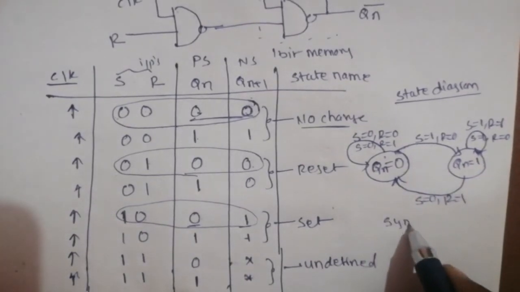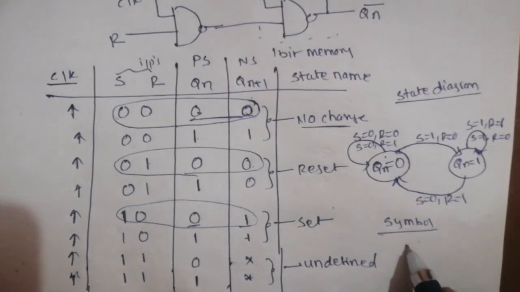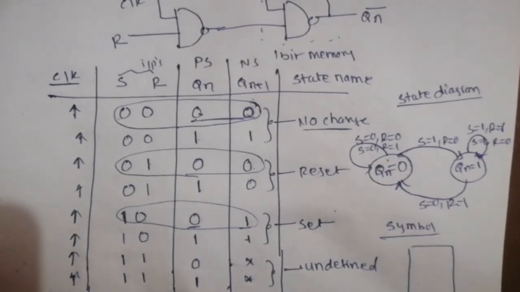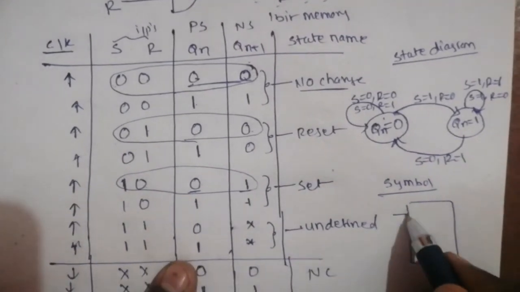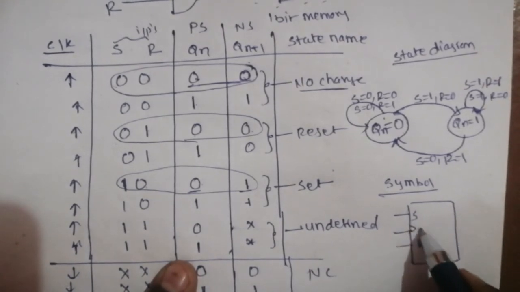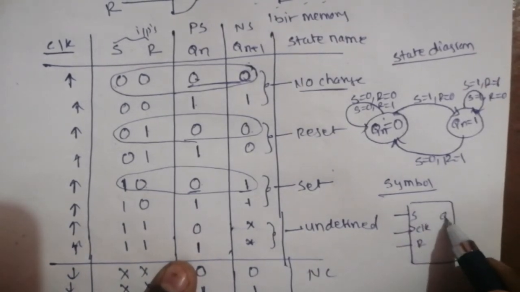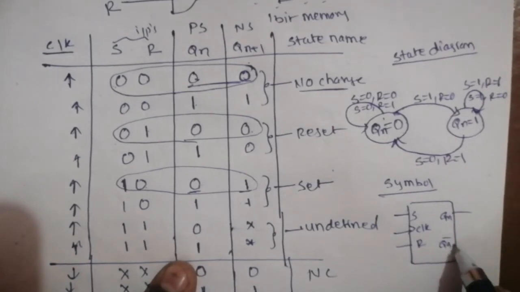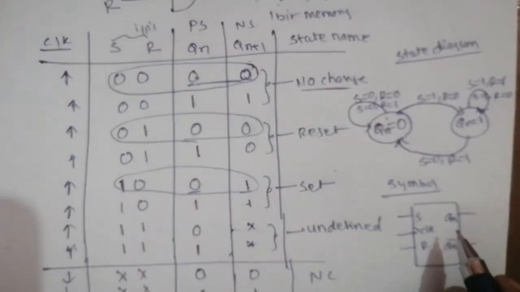And finally, you can draw the symbol. It has S and R as inputs, a clock signal, and Qn and Qn bar as outputs. This is the symbol.